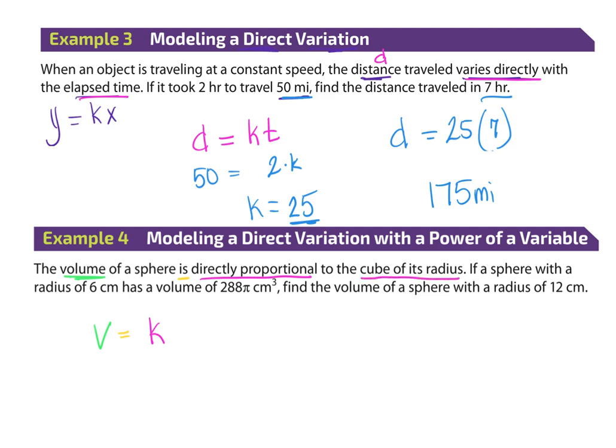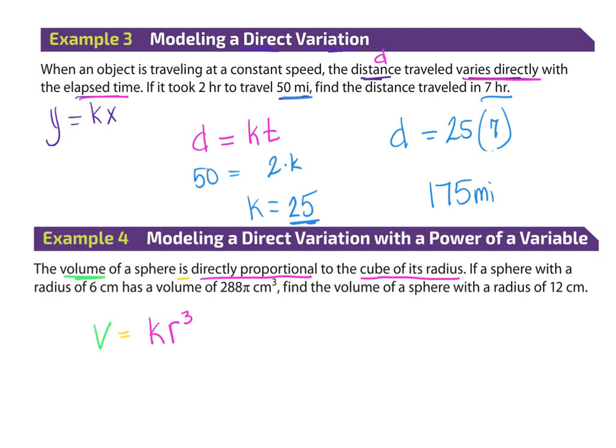The cube of its radius. Well, I would write that R cubed. That's how I set that problem up. The volume, that's my variable, is always by an equal sign, right? Directly proportional, so I know I'm going to have some constant times whatever it's about to tell me. Cube of its radius. And so I've set it up.